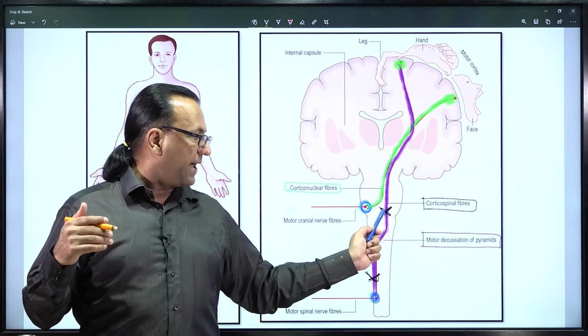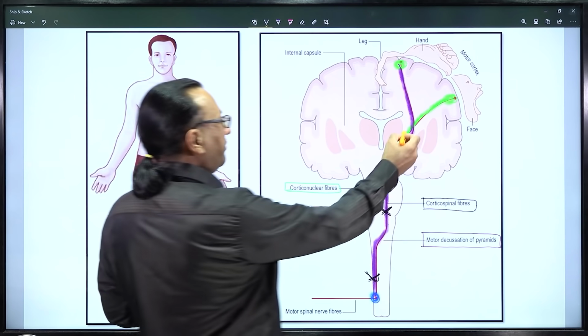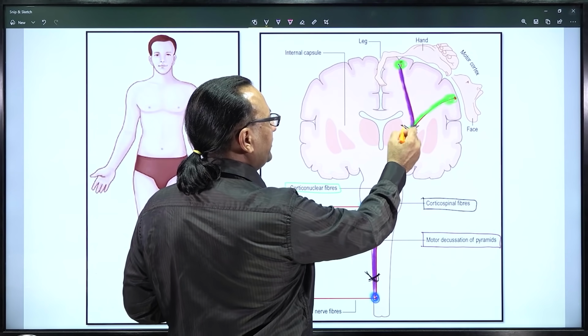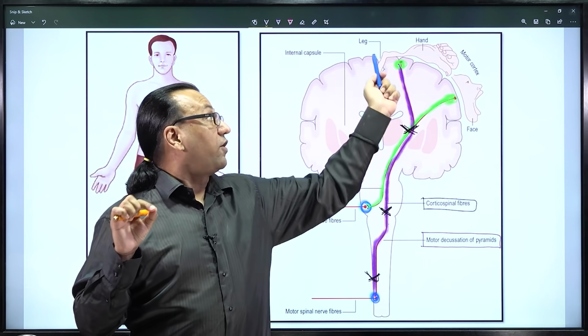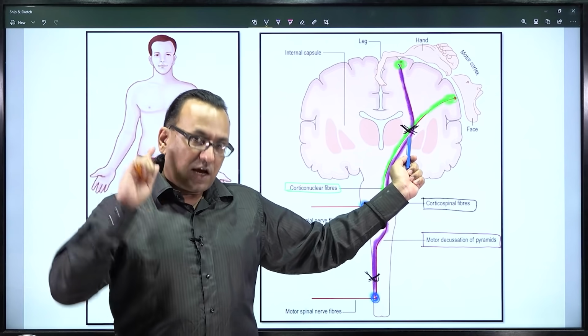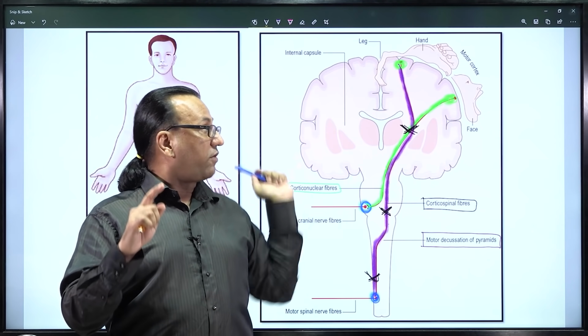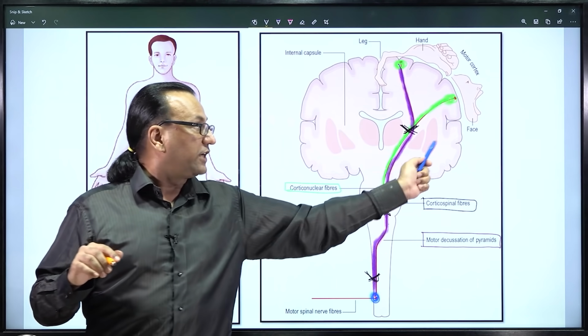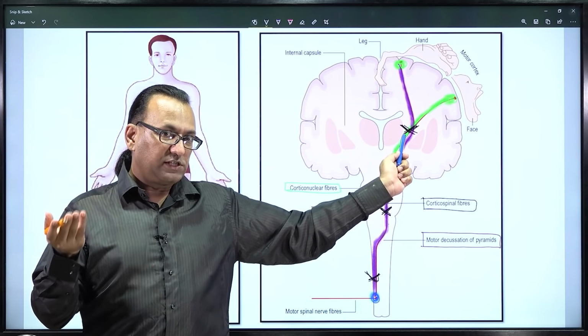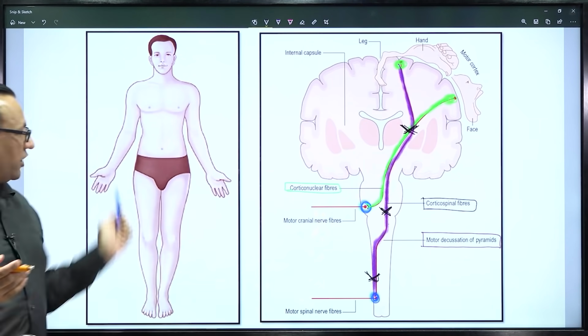And what if I have a lesion in the posterior limb of internal capsule? If there's a lesion in the posterior limb of internal capsule where the corticospinal tract is passing, again there will be contralateral spastic paralysis. If the lesion is on the left side of internal capsule, the posterior limb, the problem will be on the right side of the body.